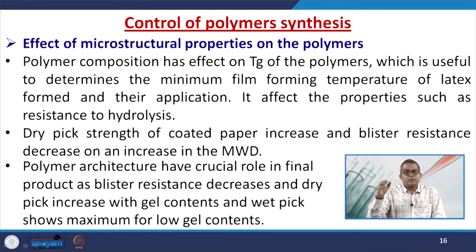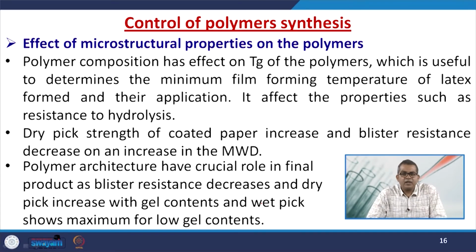Now, sometimes the dry pick strength of coated paper is increased and the blister resistance decreases on the increase of the molecular weight distribution. Again, this plays a very vital role. So, these are some of the specific properties you need to address.